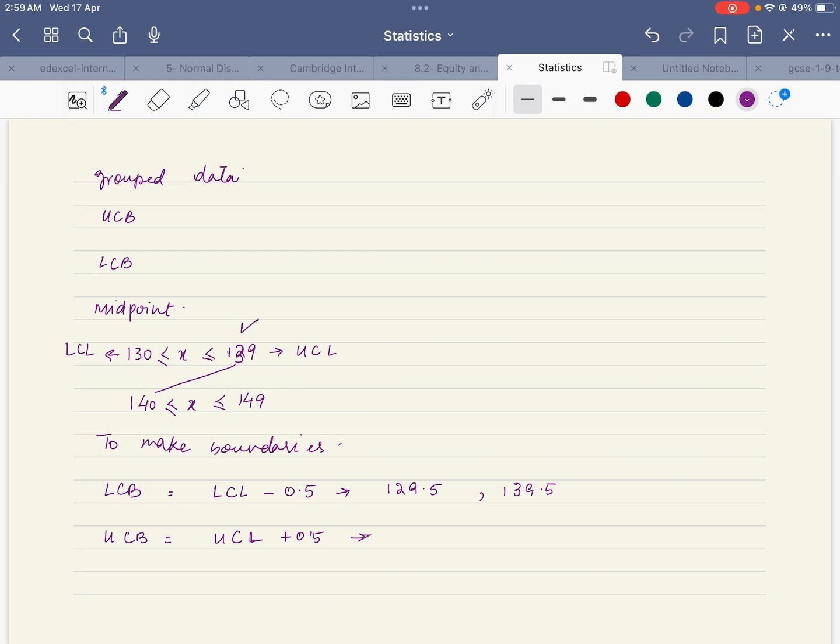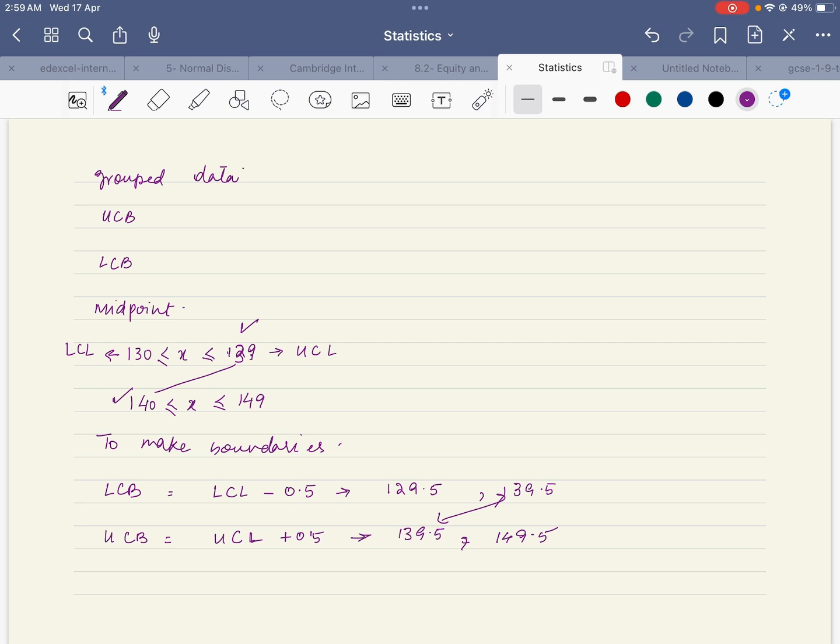This one becomes 139.5 and this one becomes 149.5. You can see that this 139.5 will be equal to this 139.5, right? That is how you are going to make boundaries.